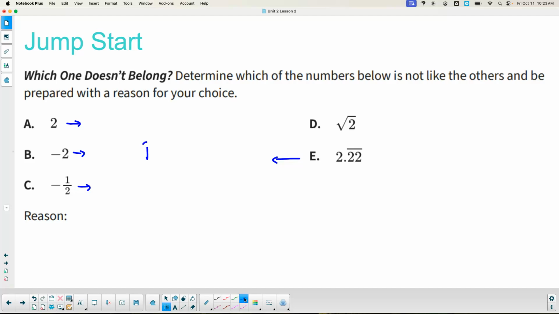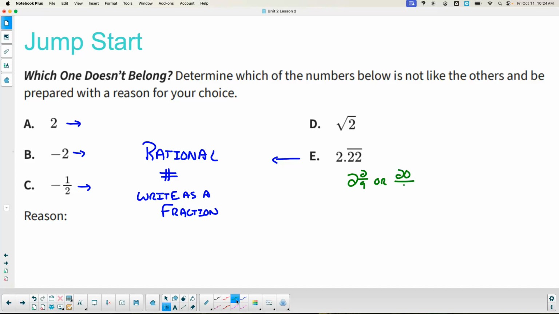Those are all what we like to call rational numbers, meaning we can write them as a fraction. Just as an FYI, this is 2 2/9, or 20/9.